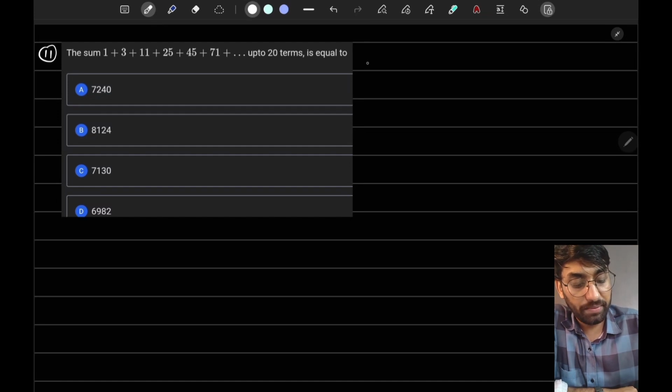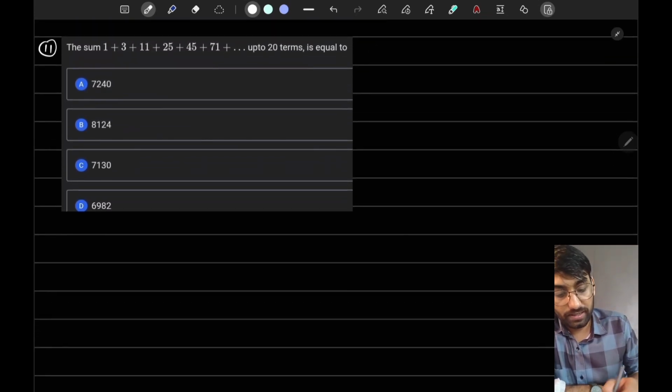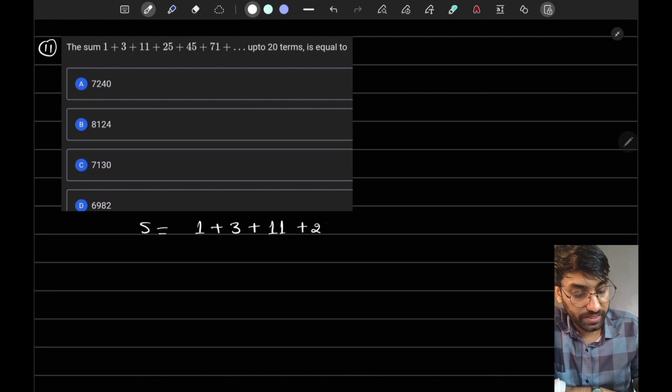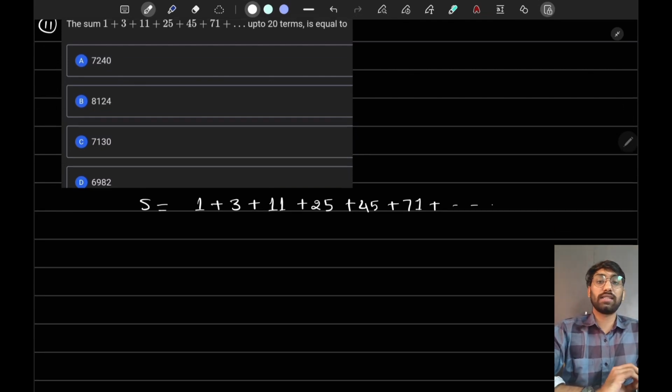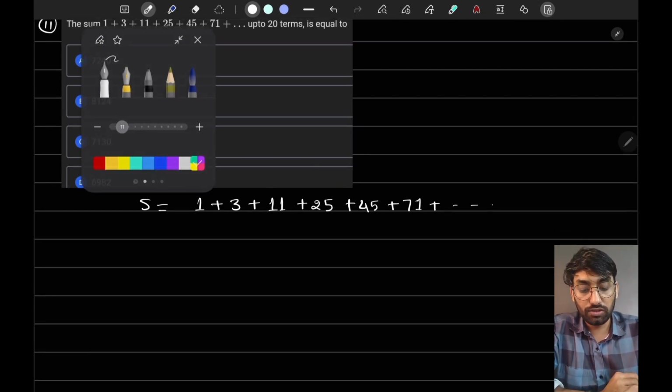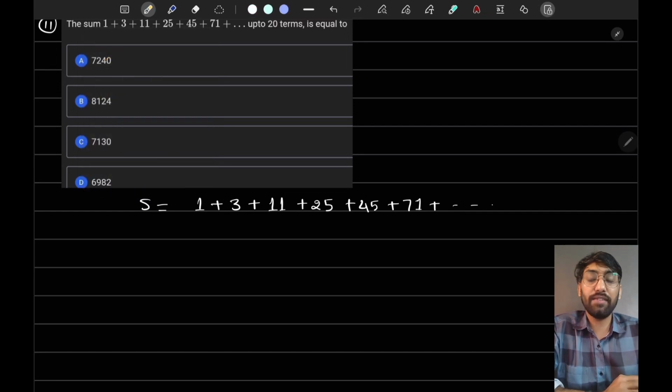So what I am having, I'll just write over here. I'll take S equal to 1 plus 3 plus 11 plus 25 plus 45 plus 71. See, whenever I am getting a term like this, the first idea that comes to my mind is that firstly I will go for AP.